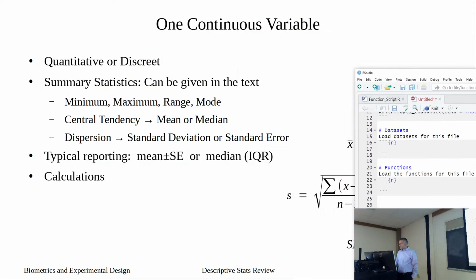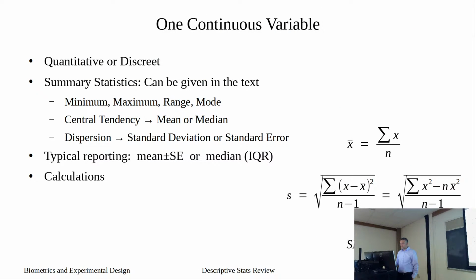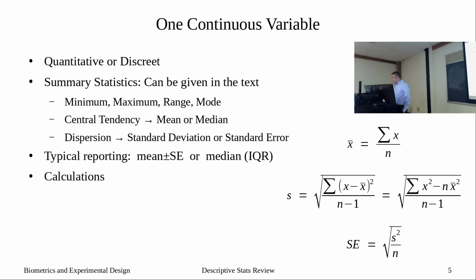So, what are our calculations? These are our equations. Hopefully they look familiar. We've got the mean, sum of all of our x's divided by our sample size. We've got our standard deviation, which is the square root of sum of squares divided by its degrees of freedom.